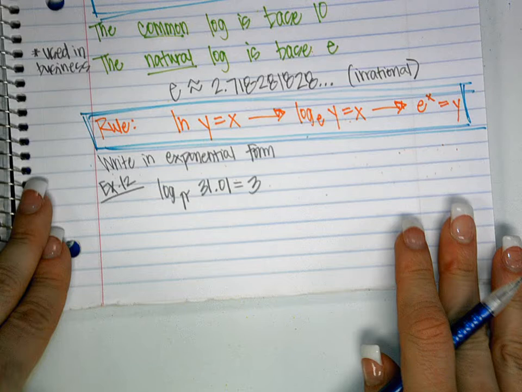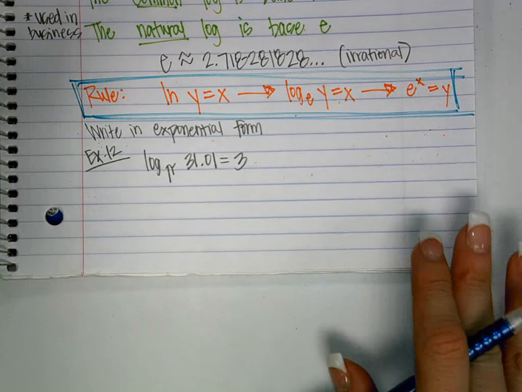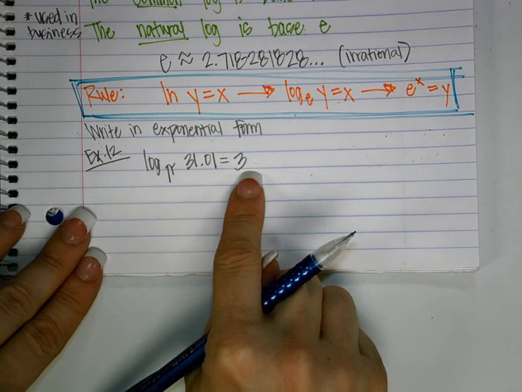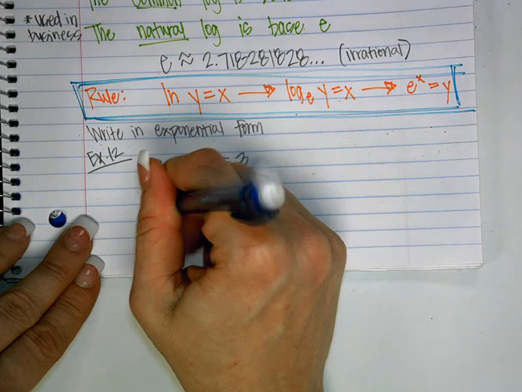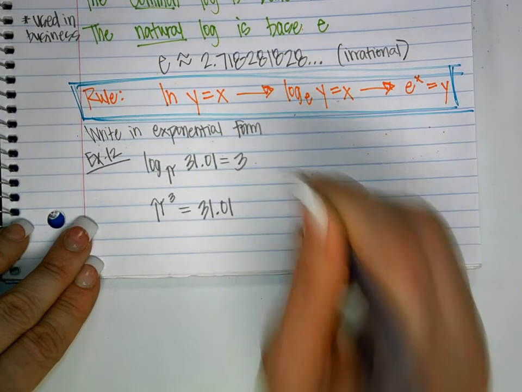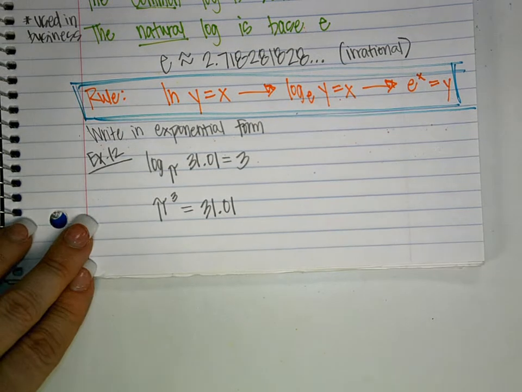You are just rewriting this in exponential form. That's exactly what we did the first day. All you do is write: 3 is the exponent on pi that makes 31.01. That's your answer.